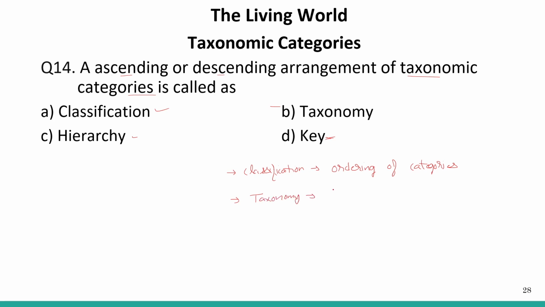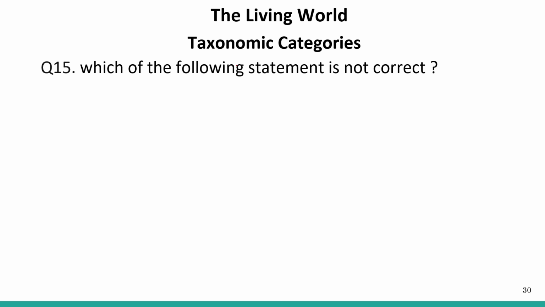Taxonomy includes the identification, okay, and then the nomenclature. And what does it include? Classification as well. Okay, so option A and B are not correct. So what should be the correct answer? Hierarchy. Hierarchy is the correct answer.